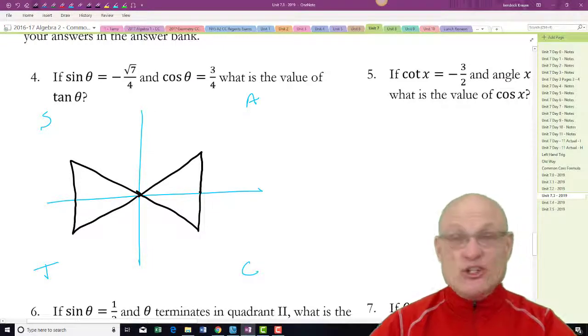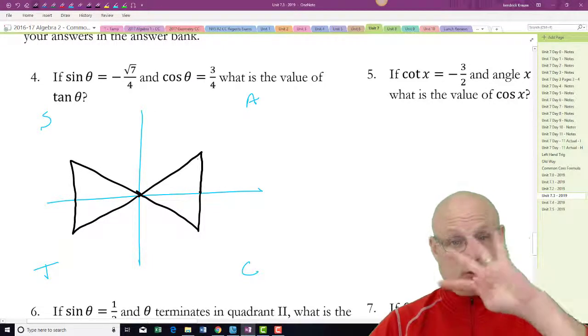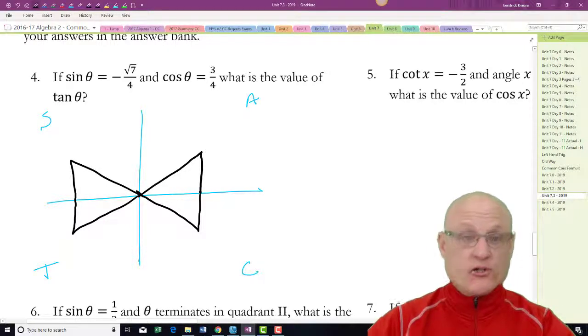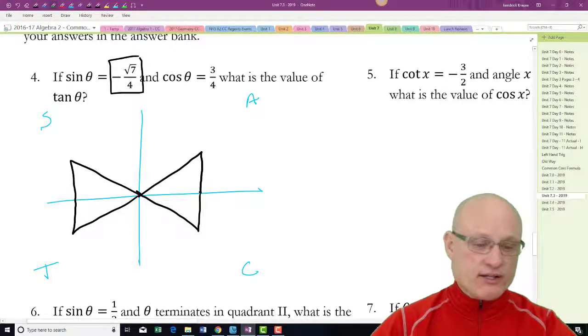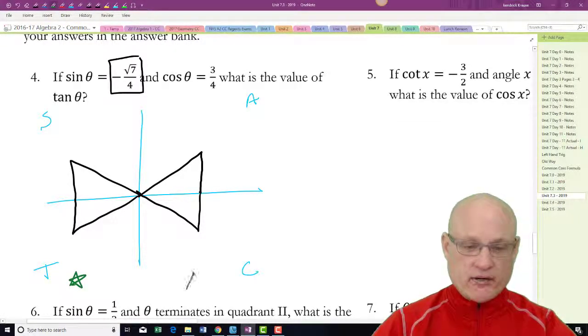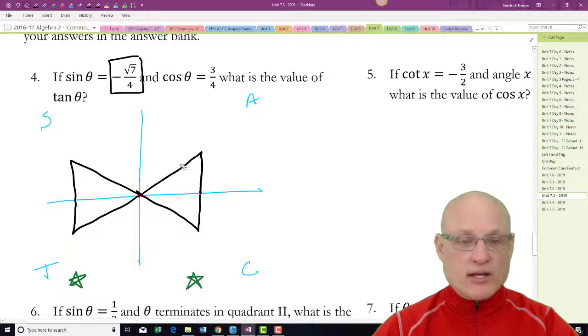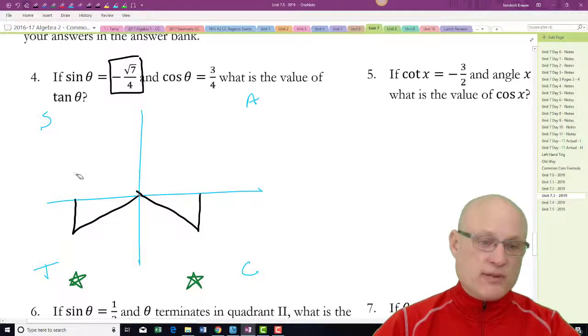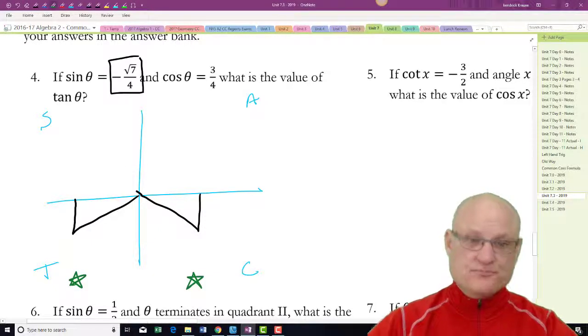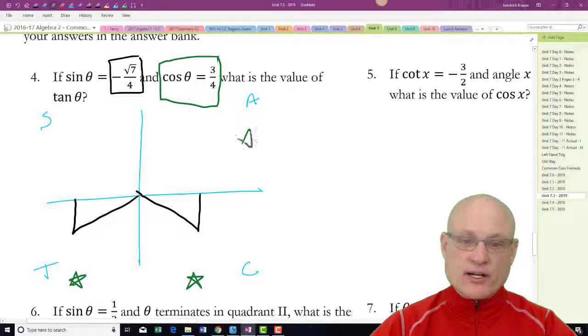We have to use one of those 4 triangles. So sine is negative. Sine is negative down here and down here, so I already know I'm not using those 2 triangles. Cosine is positive up here and down there. So now we know who the big winner is.